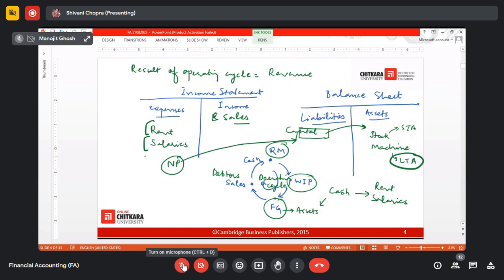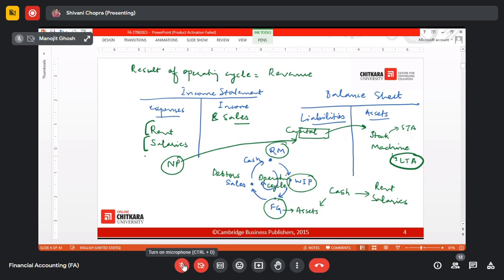The building was an asset, but you paid rent on it. So you had a short-term asset. What is rent? Rent is the cost of using a building. So it is the cost of using a short-term asset. What is salaries? Salary is the cost of using human resources. So it is the cost of using another asset for a short term. What is short term for us? Short term for us is an operating cycle.